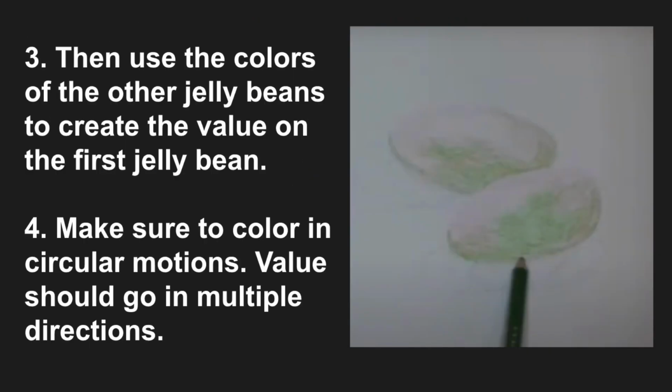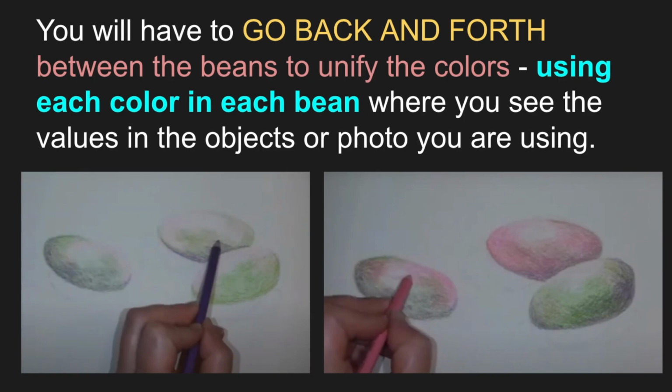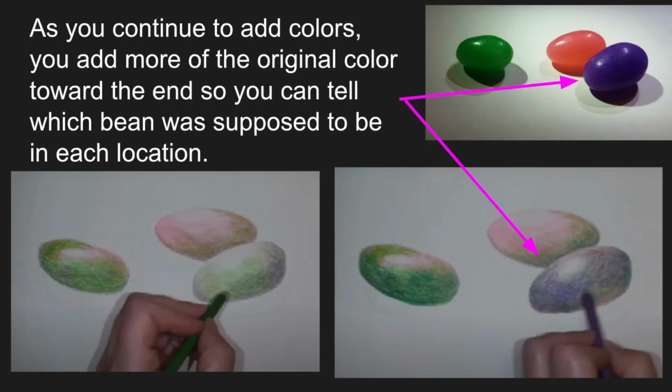So if we go back just from the beginning here, you notice they used one color, they added the second color, then they're starting to add a little bit of the darkest color in these beans, then they go back and they're actually adding the pink back over the top in order to get the pink bean to look actually pink. Then they're adding more green onto the green jelly bean.